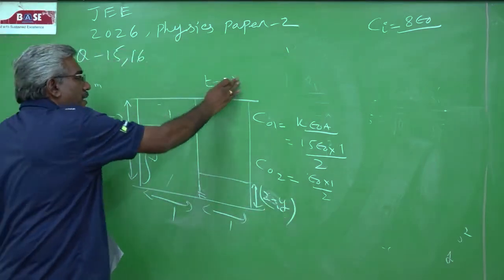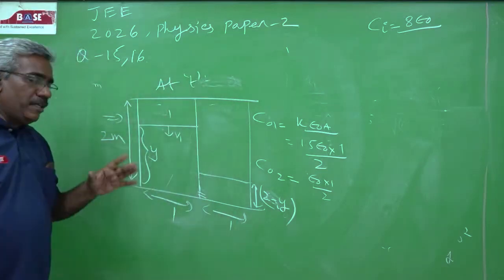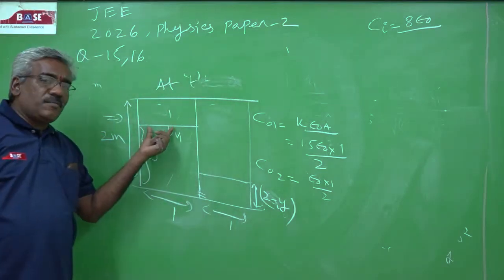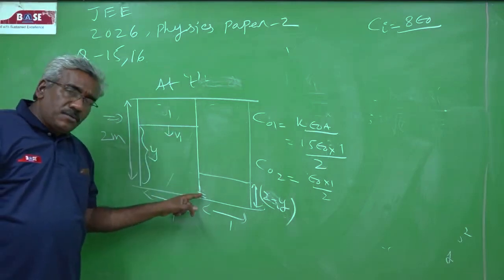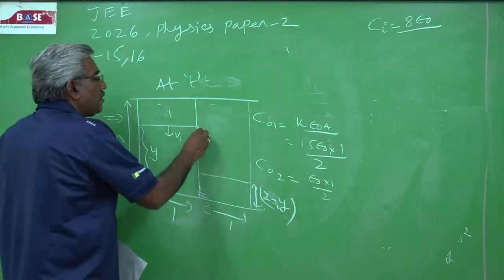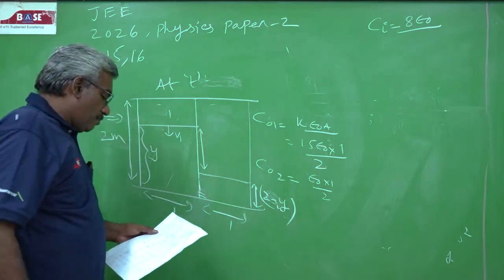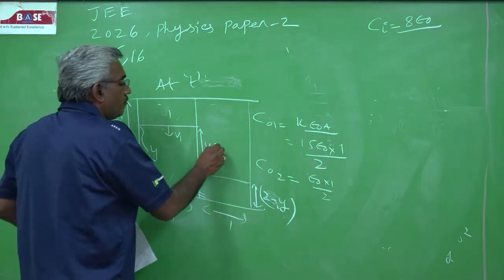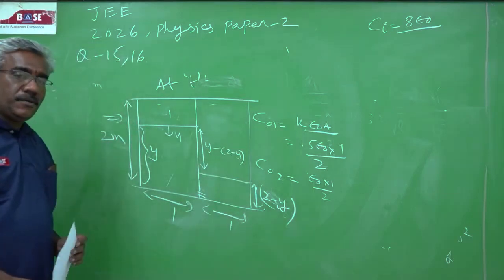At a certain instant of time t, we apply the equation of continuity. This is a broader pipe, this is a narrow pipe. A1 V1 is equal to A2 V2. The height difference will be y minus of 2 minus y.